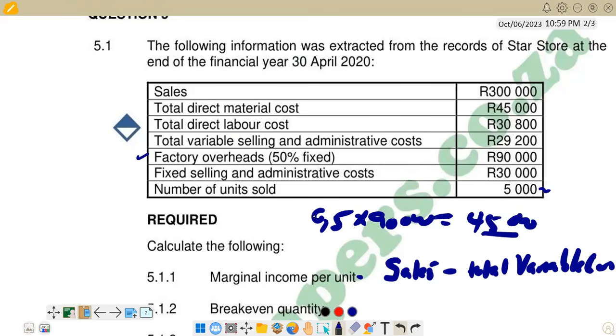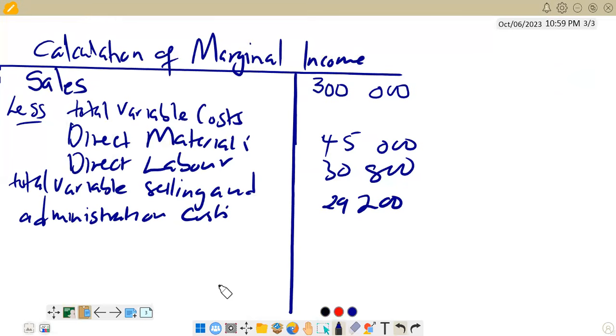So this 45,000 we are allocating to variable. So here we say factory overheads, 45,000.